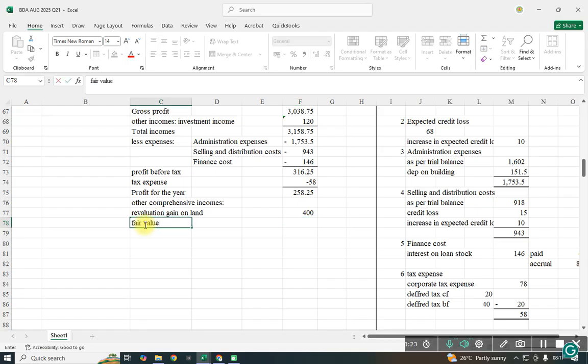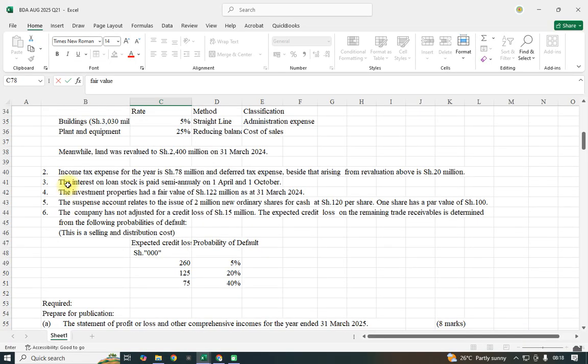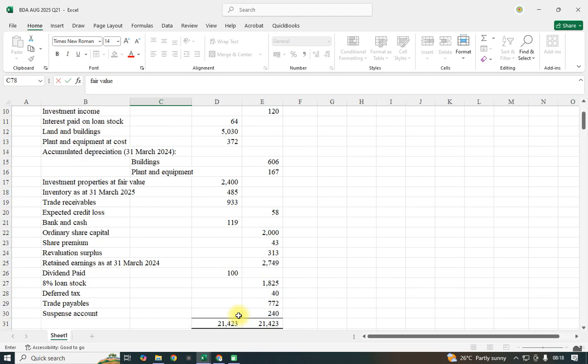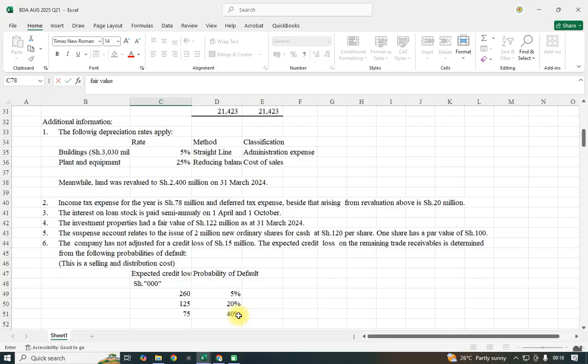Fair value. Is it a gain or loss? We are told that the investment property had a fair value of 122. And when you look at here, investment property at fair value was 24, but here the investment property had a fair value of 122 as at 1st March 2024.